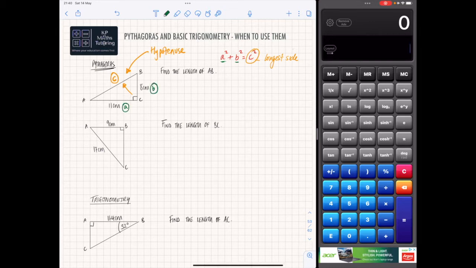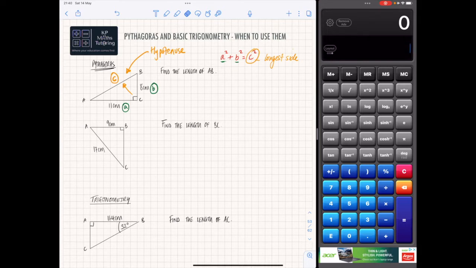The reason this works is that if you were to draw a square off the side of this triangle, and a square off the side of this triangle, and work out both those areas and add them together, you would end up with the same area as you would get off that side there.